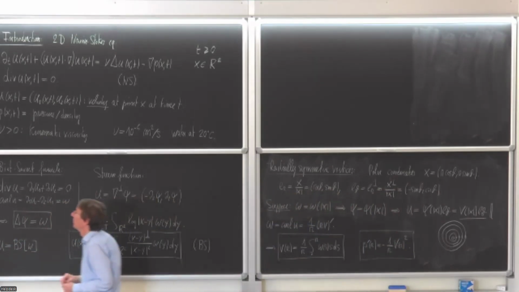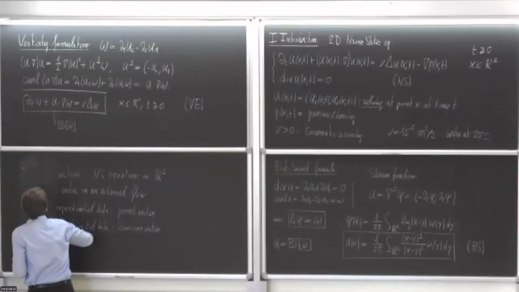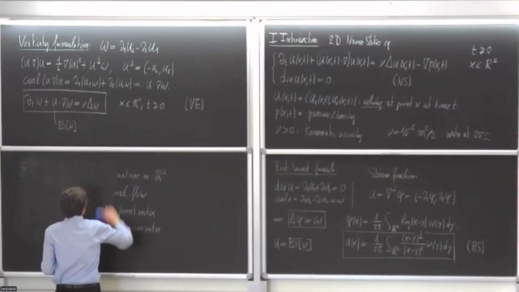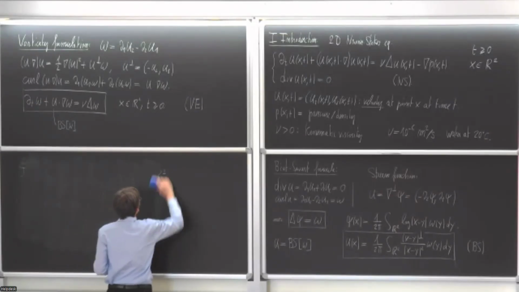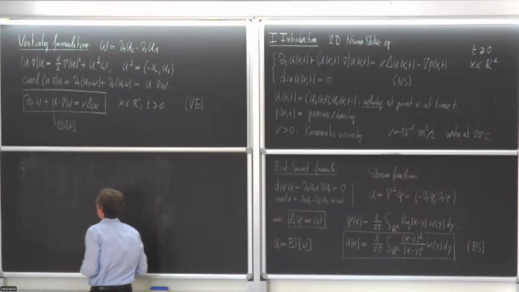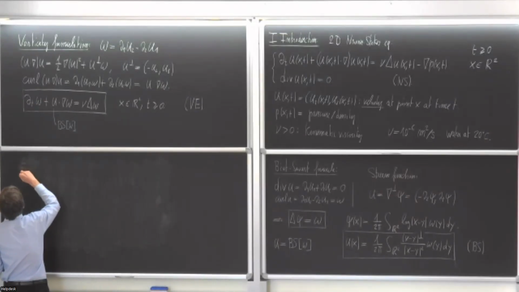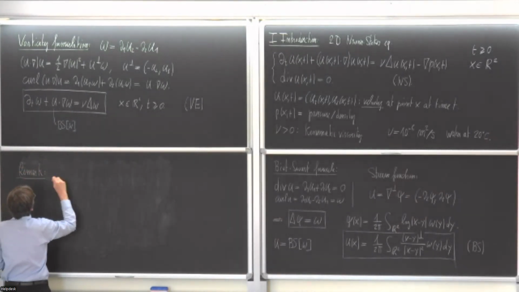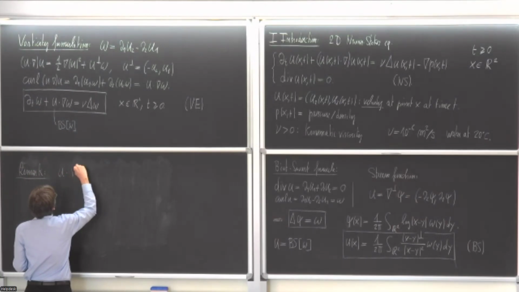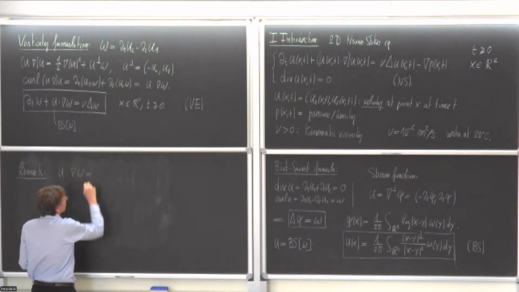Now, the fundamental observation I wanted to make in the radially symmetric case is that the nonlinearity in the vorticity equation just disappears. So a completely elementary but fundamental remark for what we do. In the radially symmetric case, if you take u dot grad omega, it's very easy.